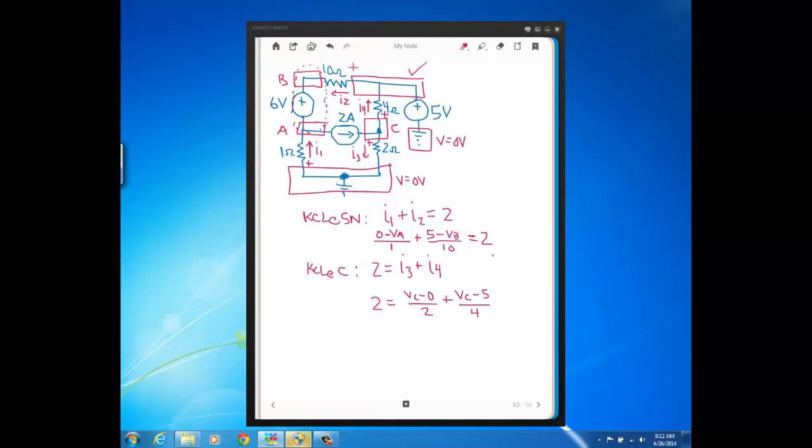Just like last time, when we're done writing our node voltage expressions from our KCL equations, we're an equation short, because we've got 3 unknowns, VA, VB, and VC, but only 2 node voltage expressions. So this is where looking at the voltage source, the supernode, comes into play. When you have a voltage source, the value of the voltage source tells you the difference of the voltages at the nodes that it's connected to.